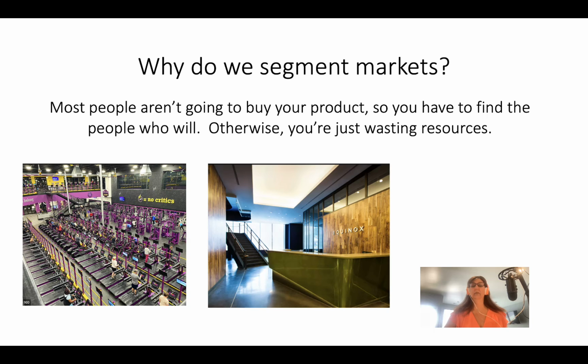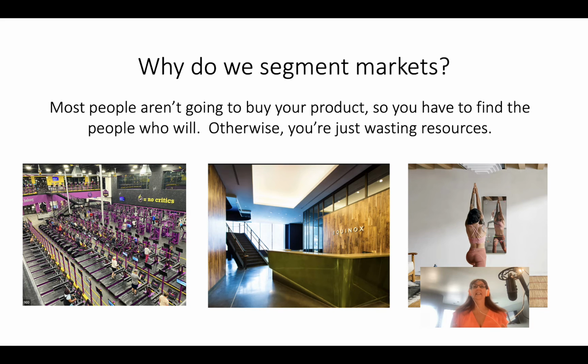So if you take a look at, let's say, the exercise or fitness industry, you could select 3 different types of value propositions for a fitness center. Maybe you're Planet Fitness, and Planet Fitness is really the low-cost provider. It's not about going to the gym to make myself look good. It's really about nuts and bolts, getting in and out.